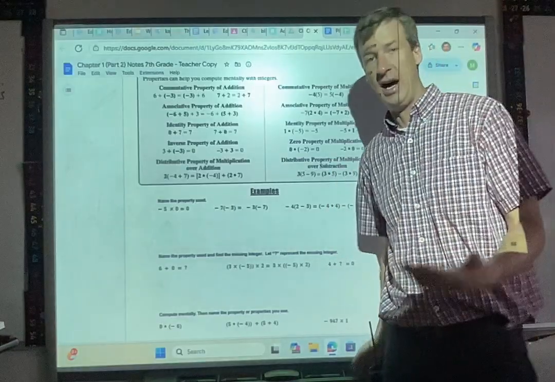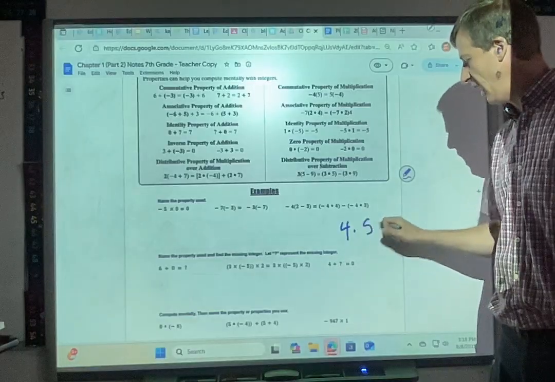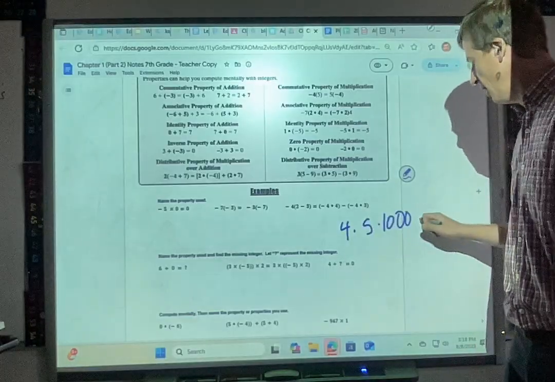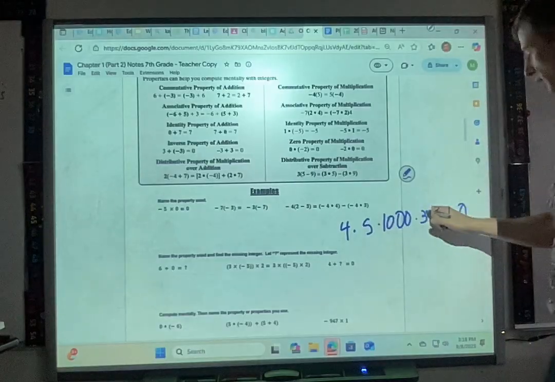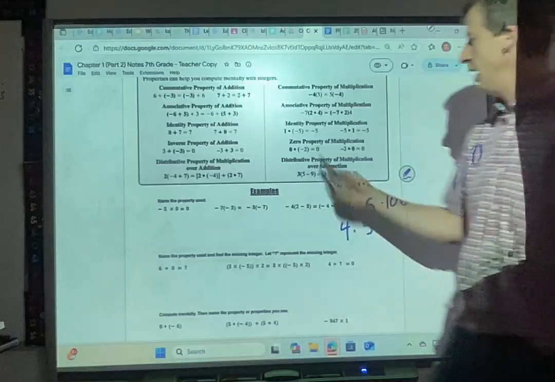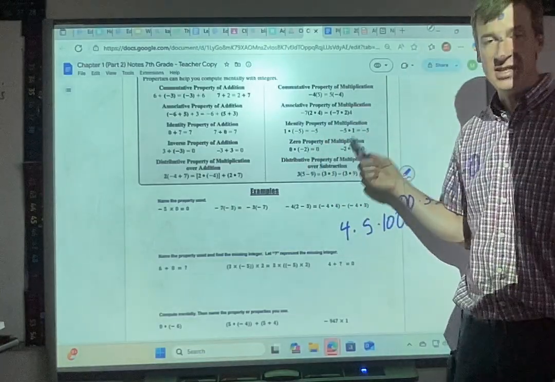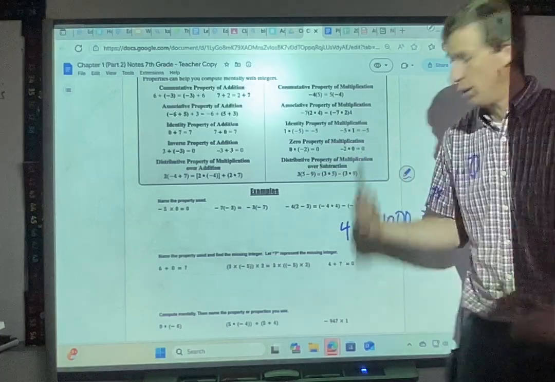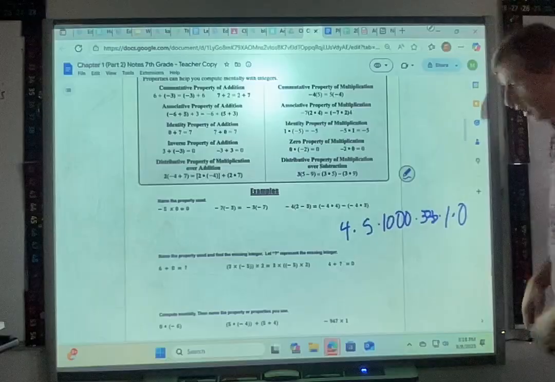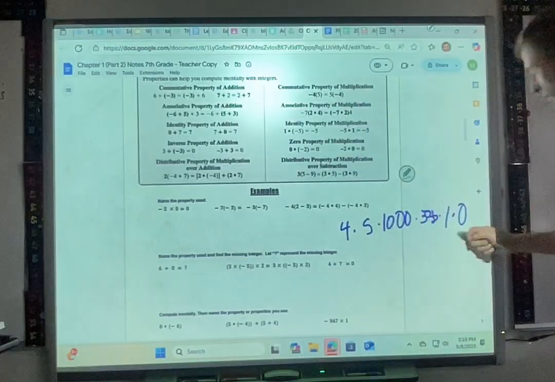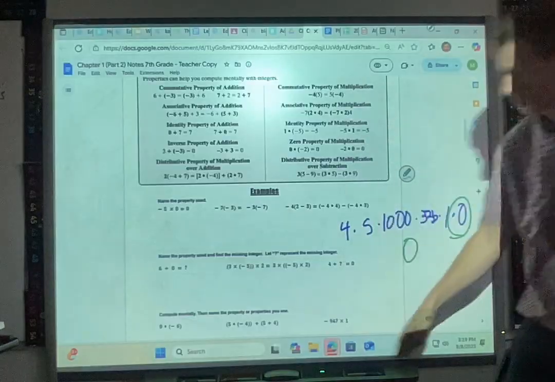Believe it or not, if we have a problem like 4 times 5 times 1,000 times 33 times 1 times 0, the zero property of multiplication says anytime you multiply by 0, you get 0. I don't have to multiply all of that out. I know that if I'm multiplying by 0 at some point, the answer is going to be 0. So I can save a lot of time if I just know this property.